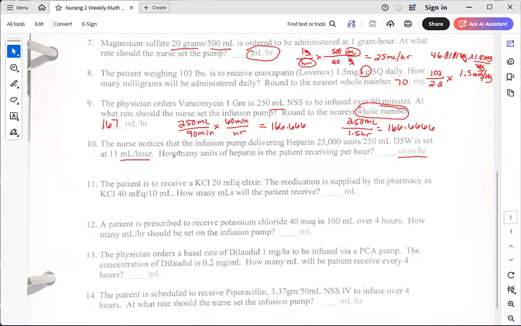As I mentioned before, I like to start with the rate. So the rate is 11 milliliters per hour. And then all we're going to do is convert milliliters to units using the available, which is the 25,000 units and the 250 ml.